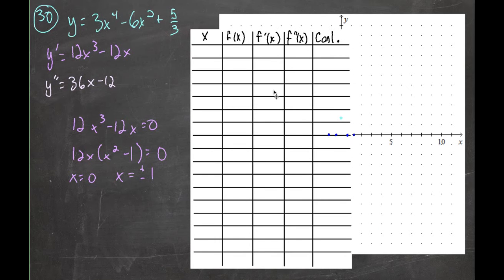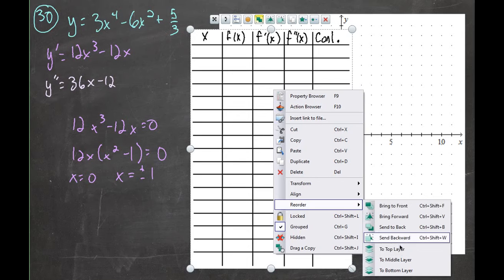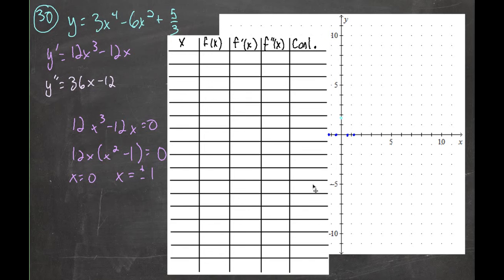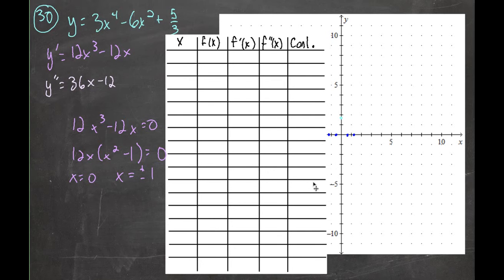Let's just try and get it out of the way here. So we've got this little chart, right? And we're going to write on it all the stuff that we find. And one of those things is going to be the zeros of the second derivative.